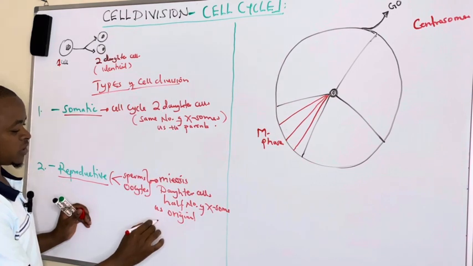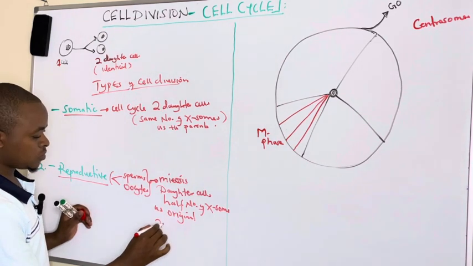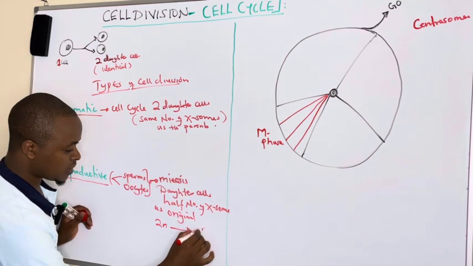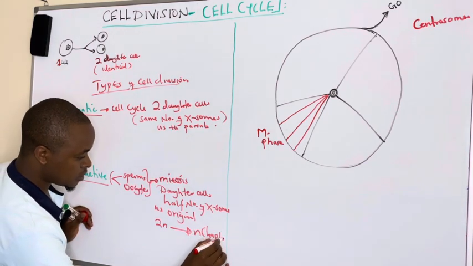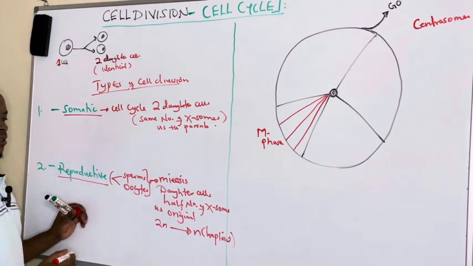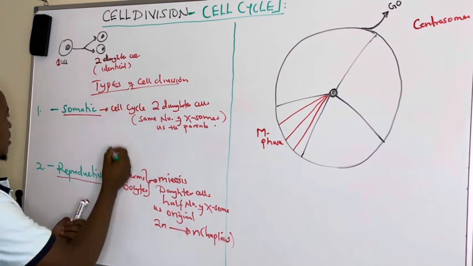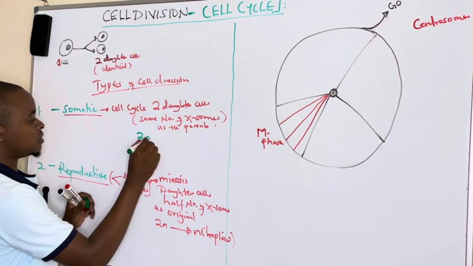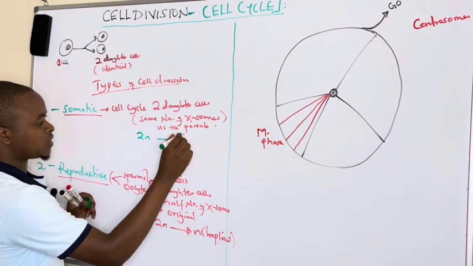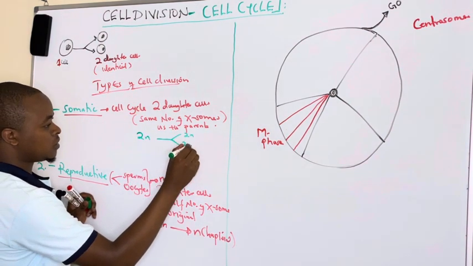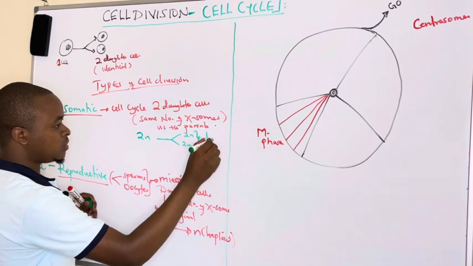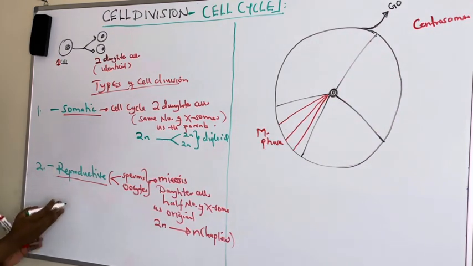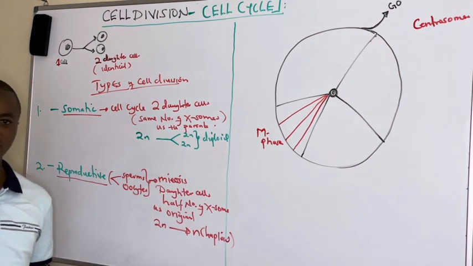So if the original cell has 2n, the daughter cells have n, meaning they are haploid. Whereas under somatic cells, if the parent cell is 2n, the two daughter cells are also 2n, meaning they are diploid. So this is the difference between somatic cell division and reproductive cell division.